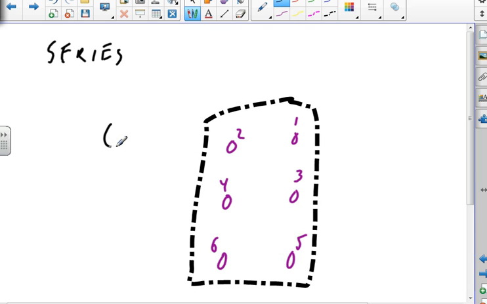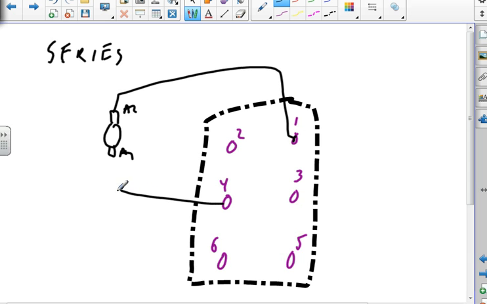All right, so here we go. I got my armature winding A2, A1, and it's hooked up to 1 and 4. And then I got my field winding. Now, why are they calling the field winding S1? I don't know. Probably because it's in series.